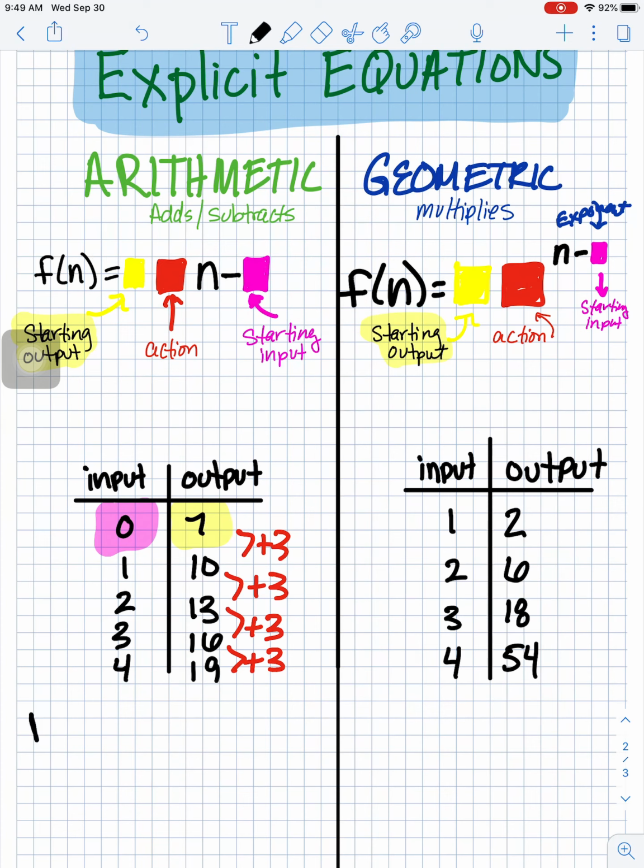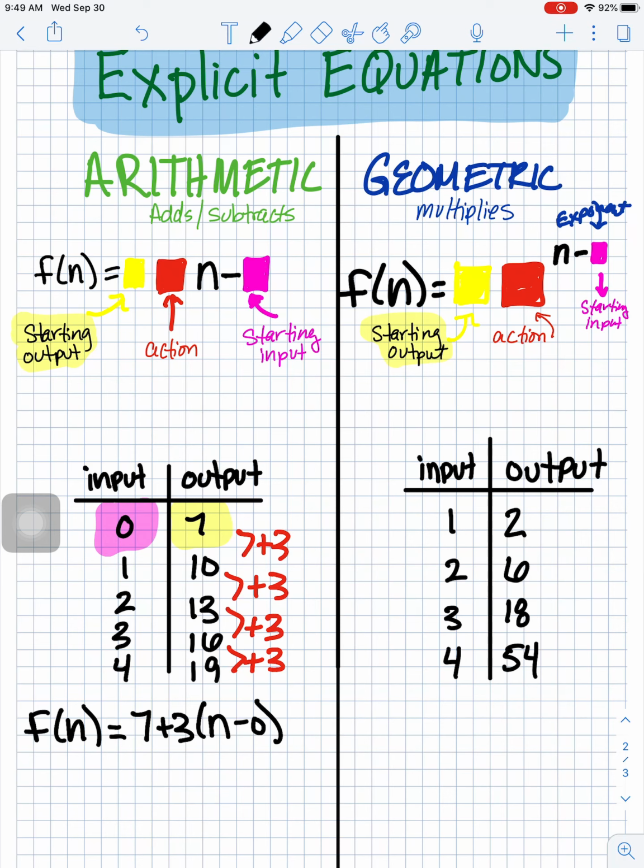So I'm going to write my expression. F of n means to get any value, I'm going to take 7, because that's where I started. I'm going to do this action of plus 3, n minus 0 times. Actually, I'm going to write that out so you see it: n minus 0.